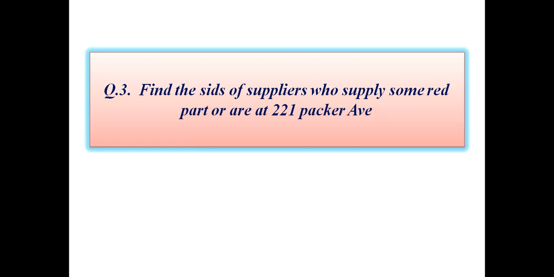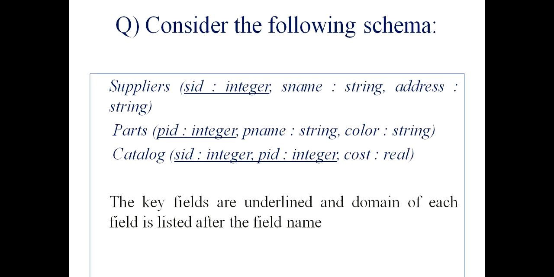So let's start. Our original schema was supplier with SID, S name and address; parts with PID, P name and color; and the catalog containing the SID, PID information as well as cost. This is just to help you deal with the problem in a better way.